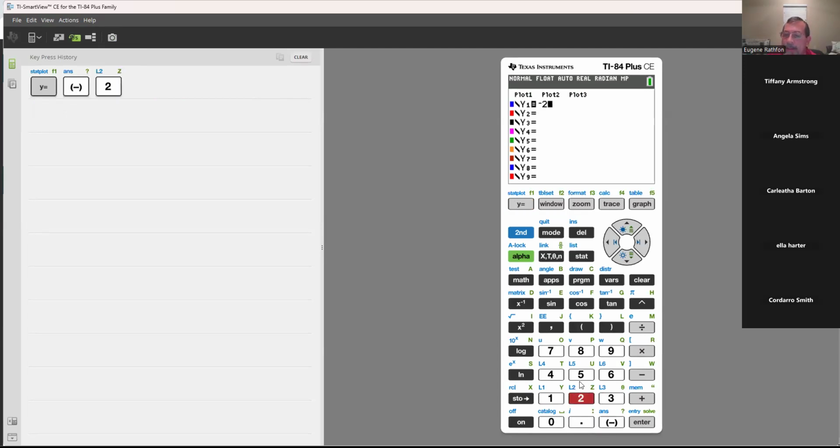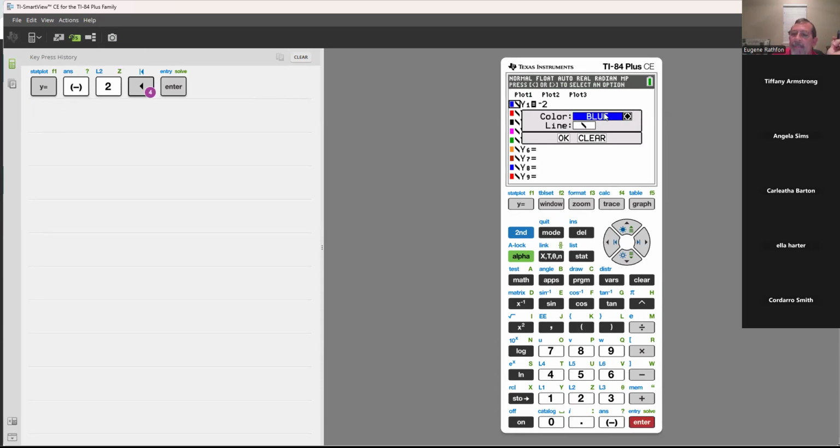Now watch what's neat about this one. When I arrow all the way to the left, I'm going to hit enter. It lets me shade whatever color I want to. I can shade red, black, magenta, green, orange, brown, navy, light blue, yellow, white, light gray, medium gray, gray, dark gray. You can shade all these colors. Now, if you arrow down on the line, I'm going to arrow right. There's my triangle that's bigger on top.